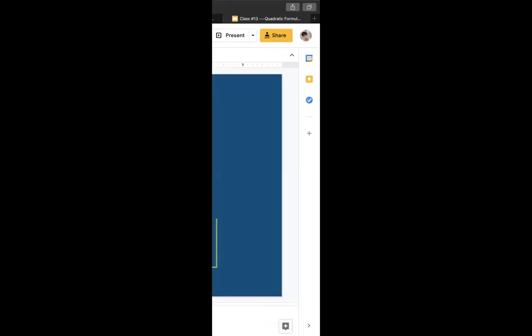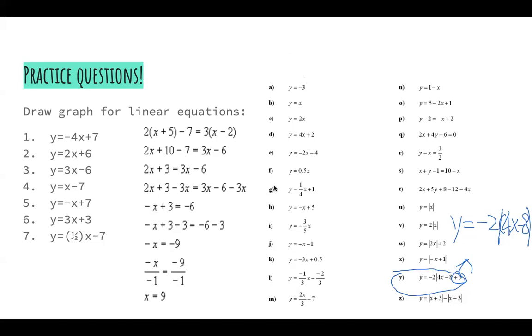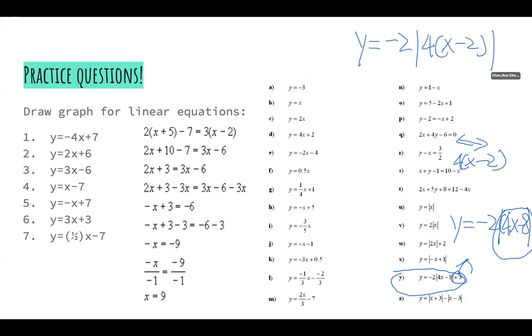As we know before, a function can be moved to the left or the right by adding to the inside of x. So we can represent this 4x minus 8 as this thing. So y equals -2, this thing.